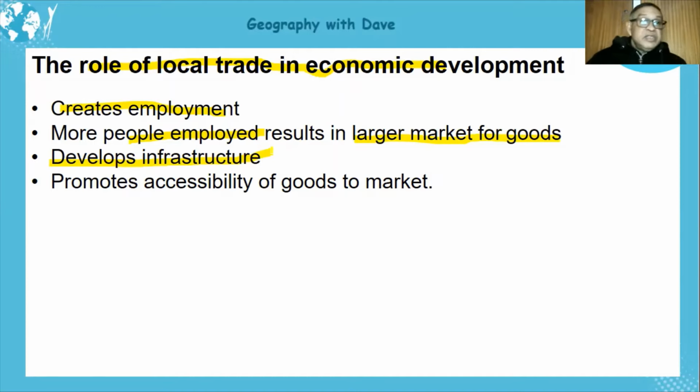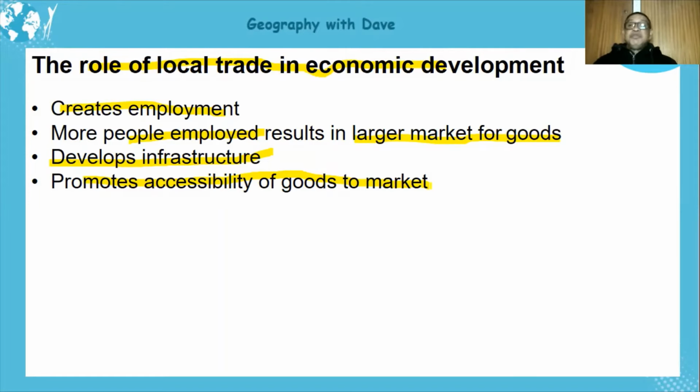So it promotes accessibility of goods to the market, both infrastructure wise and proximity wise, in that it's nearer to the customer in terms of your retail stores, which then brings in more buying in the area.